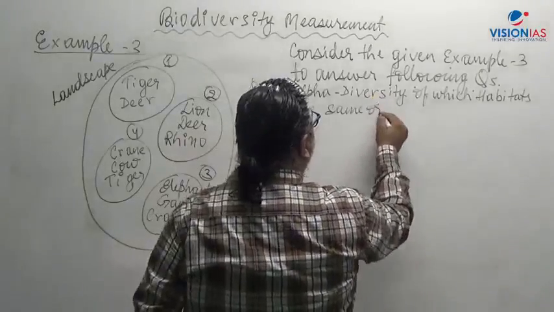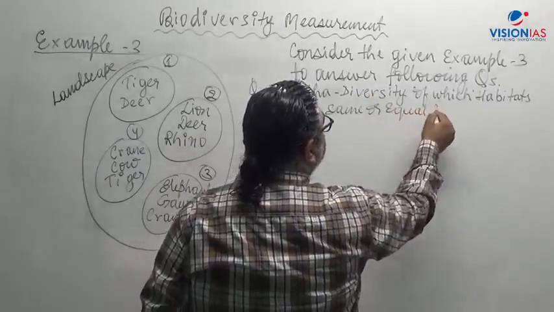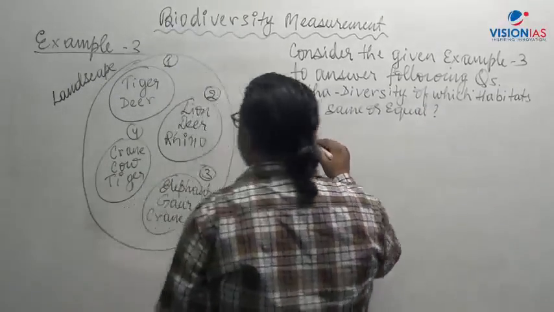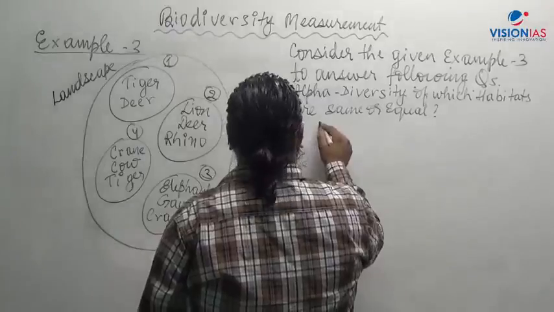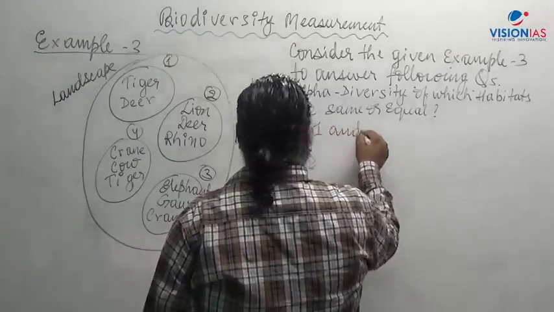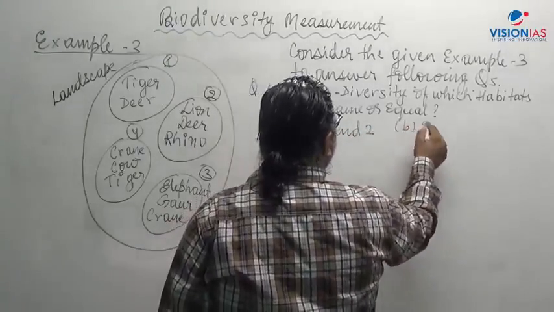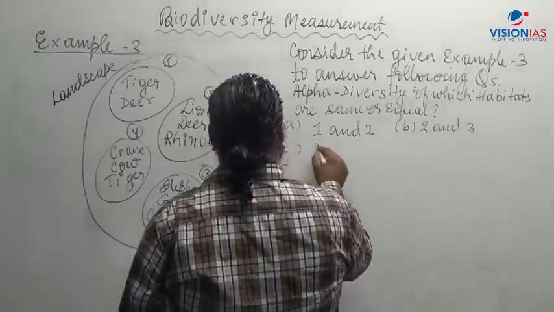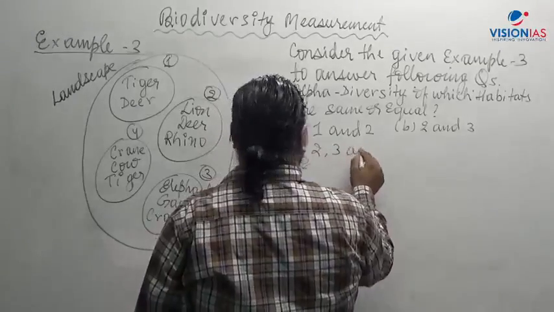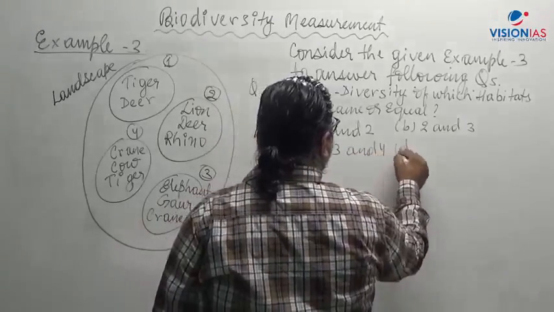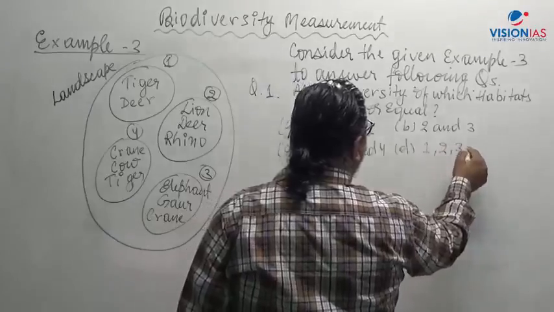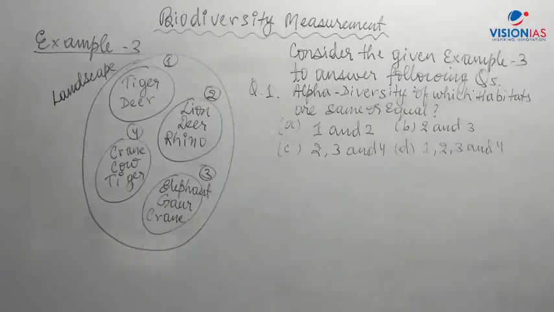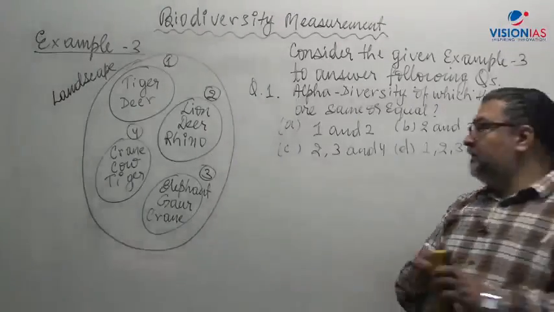Let's say I am putting here equal, question mark. Now I am giving the options here. 1 and 2, 2 and 3, 2, 3 and 4, 1, 2, 3 and 4. First you write it on the whiteboard, then I'll take your answer.